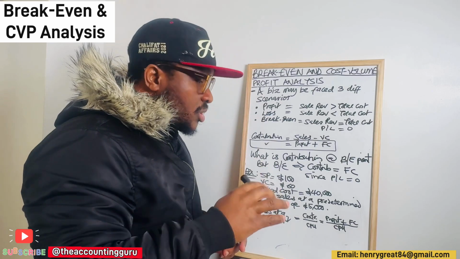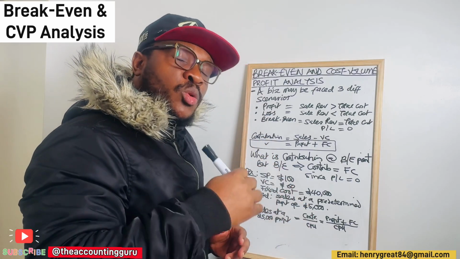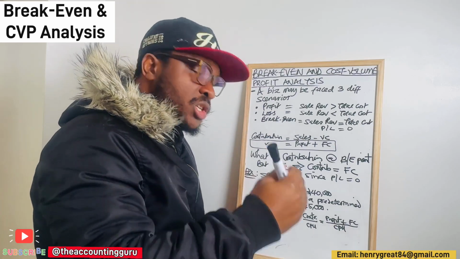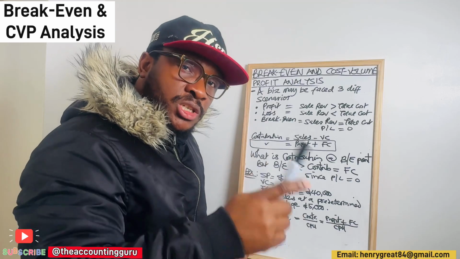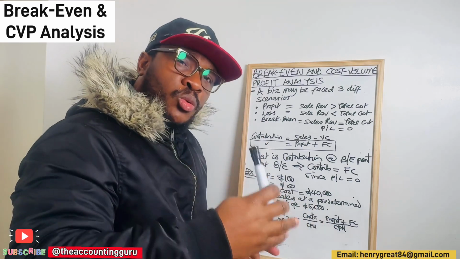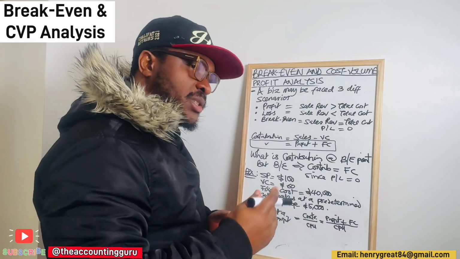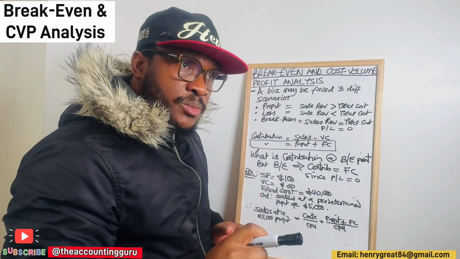Just like CMR, or contribution to sales ratio, which is also not expected to change, contribution per unit is also not expected to change. The only condition when contribution per unit would change is where there is a change in either selling price per unit or variable cost per unit.